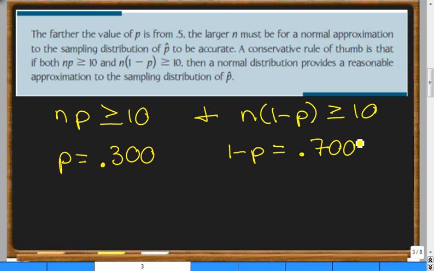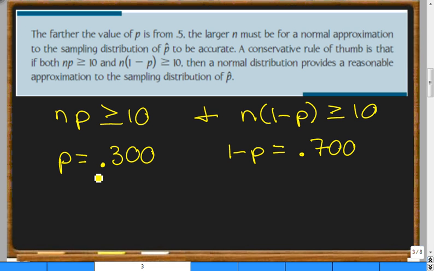You don't need the extra zeros; I'm just continuing with my example. Well, you need a sample size that is going to create a number over 10 when multiplied by 0.3 and 0.7. The best way to think about this is pick the number that's smaller, and you need a sample size at least enough to give yourself 10 occurrences.